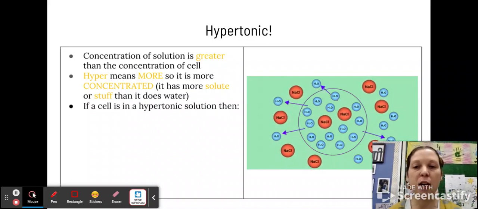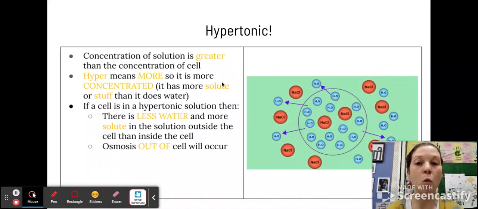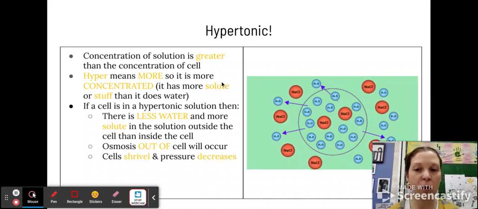Okay. So if a cell is in a hypertonic solution, then there's less water outside the cell than there is inside the cell, which means that water will leave the cell to balance out with the solution surrounding the cell. If water leaves, the cells will shrivel or shrink down, and the pressure within the cell will decrease.